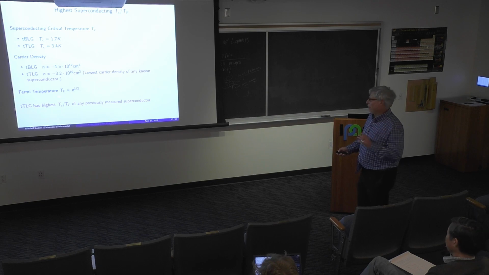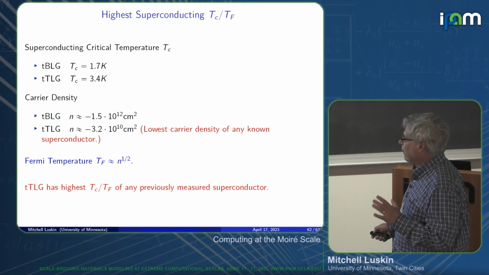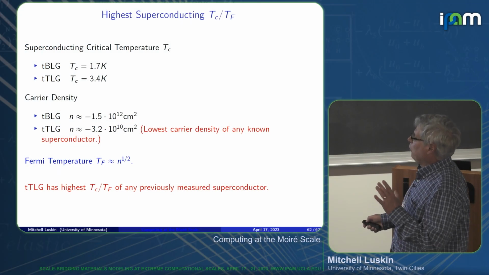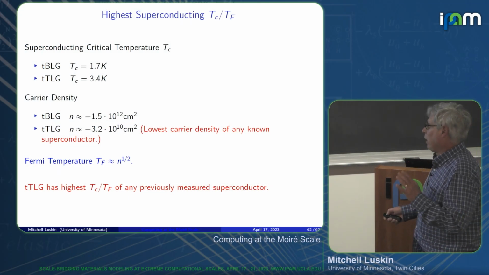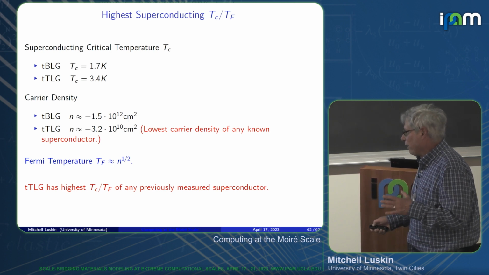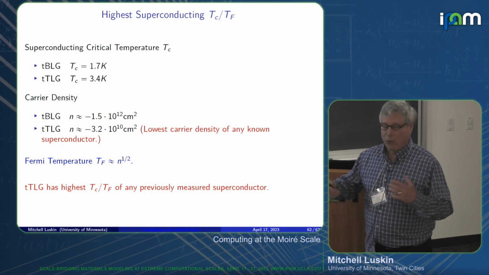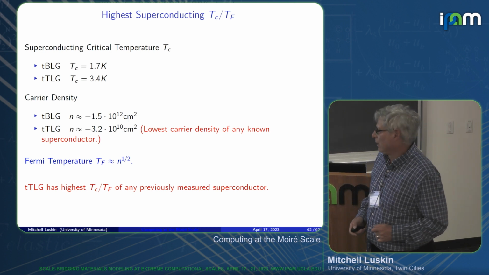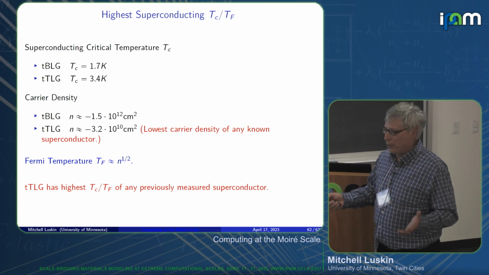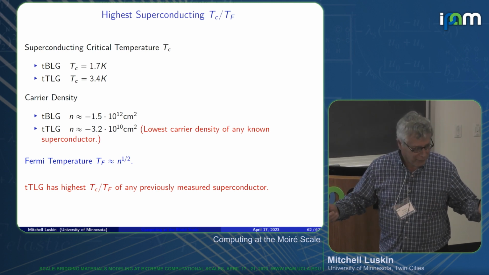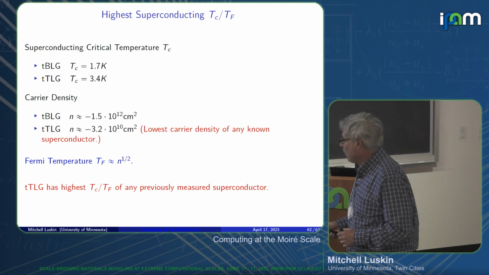I haven't verified all that, but that's what I believe is the case. So with our very low carrier density, that would give this material the highest scaled critical temperature for superconductivity.